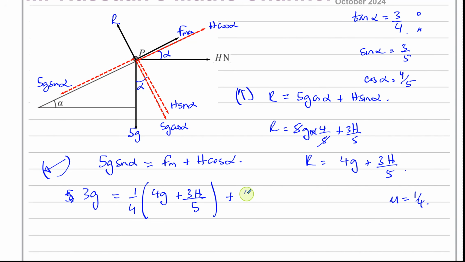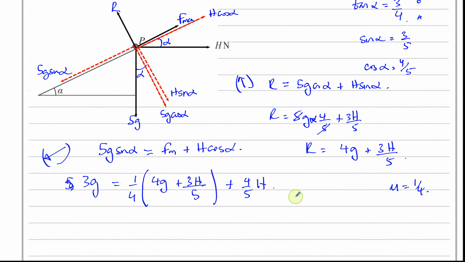So it's going to be 4/5 of h. So that's F max, and that's basically the other force acting up. So 3g must be equal to all of that.